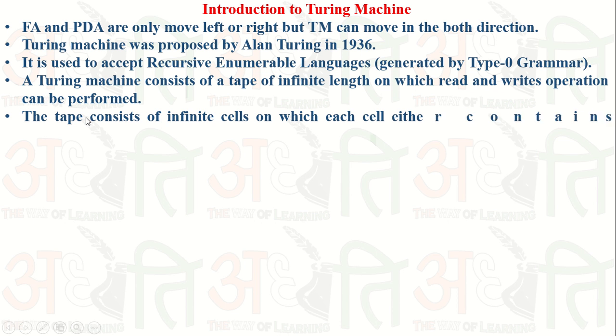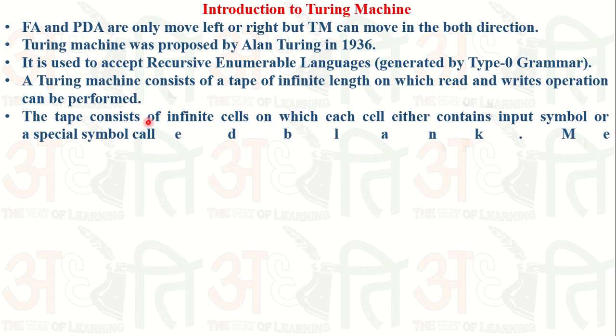The tape consists of infinite cells, where each cell either contains the input symbol or a special symbol called a blank. So it is also one of the important things. The tape of the Turing machine at both ends contains a special symbol which is known as blank, B. So here we are noting that as a B. Suppose it is in a tape.